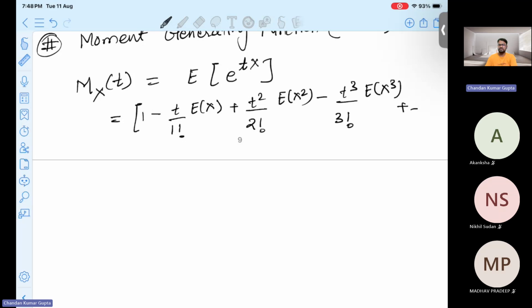Obviously, you can now understand this series. So Mx(t) can be expressed in this format, and from here you can directly see these values. These are our non-central moments.